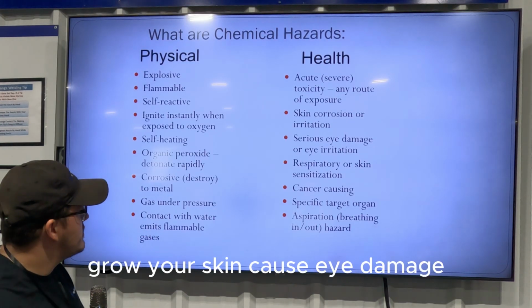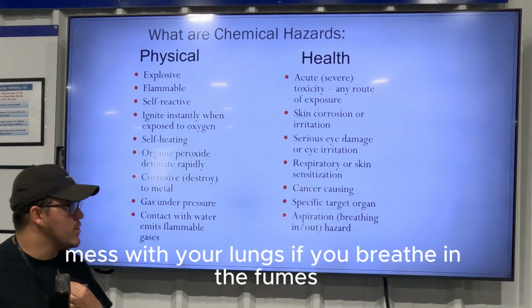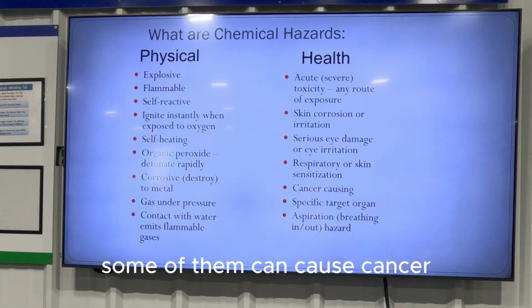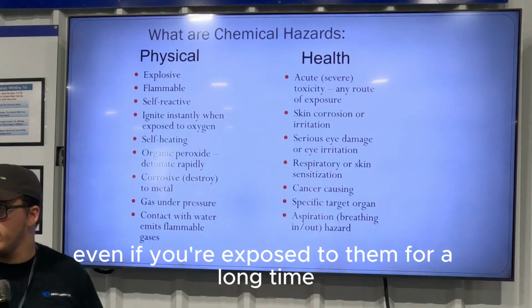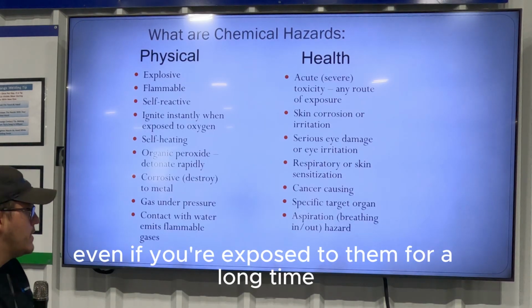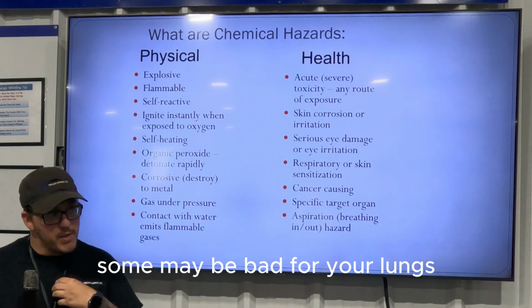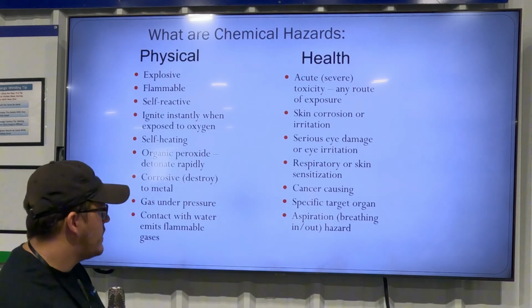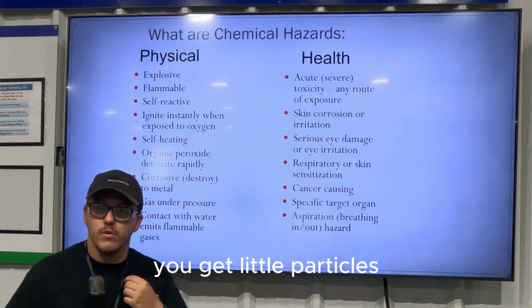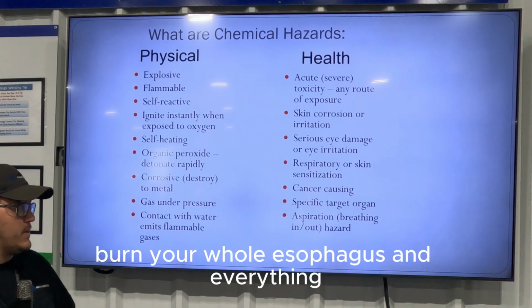They can corrode your skin, cause eye damage, mess with your lungs if you breathe in the fumes. Some of them can cause cancer, even if you're exposed to them for a long time. Some of them target specific organs. Some may be bad for your liver, some may be bad for your lungs. Aspiration, you breathe it in, you get little particles, burn your whole esophagus and everything.